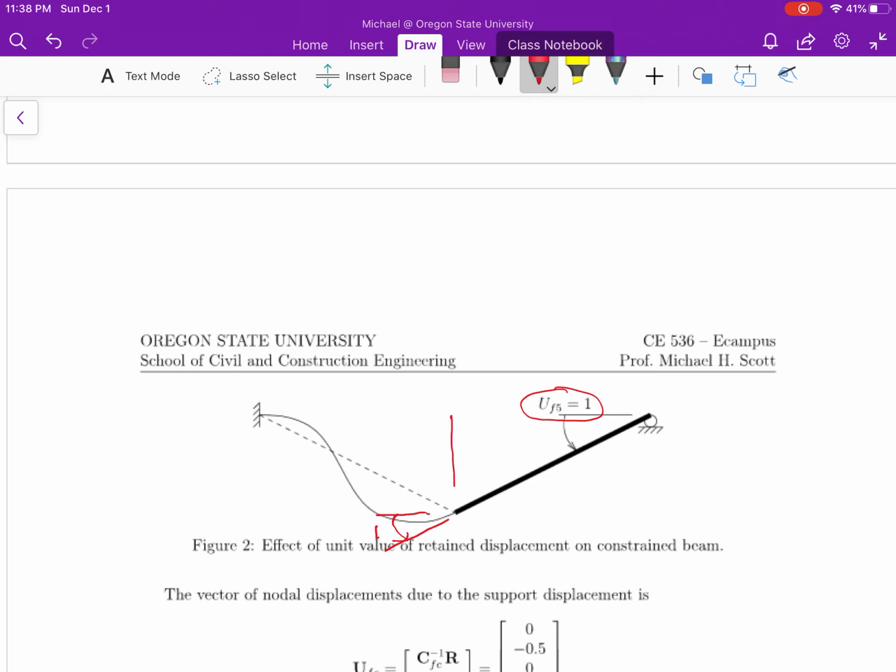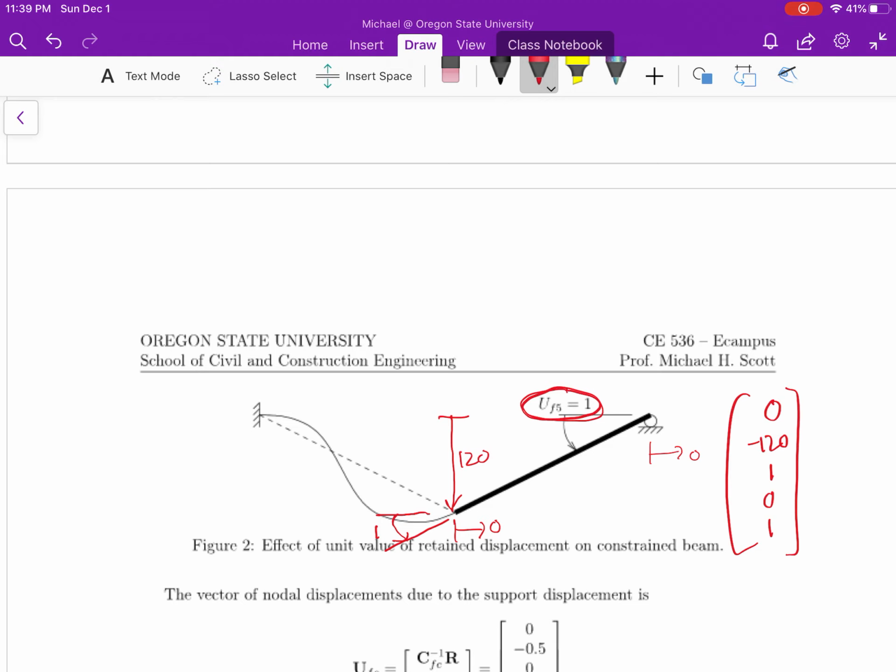This deflection right here, using small angles, is just 120. The horizontal motion of this joint is 0, and the horizontal motion of that joint is also 0. So that's where we get the 0, negative 120, 1, 0, 1 in our transformation matrix. That's all the nodal displacements at the unconstrained degrees of freedom due to a unit value of our retained displacement.